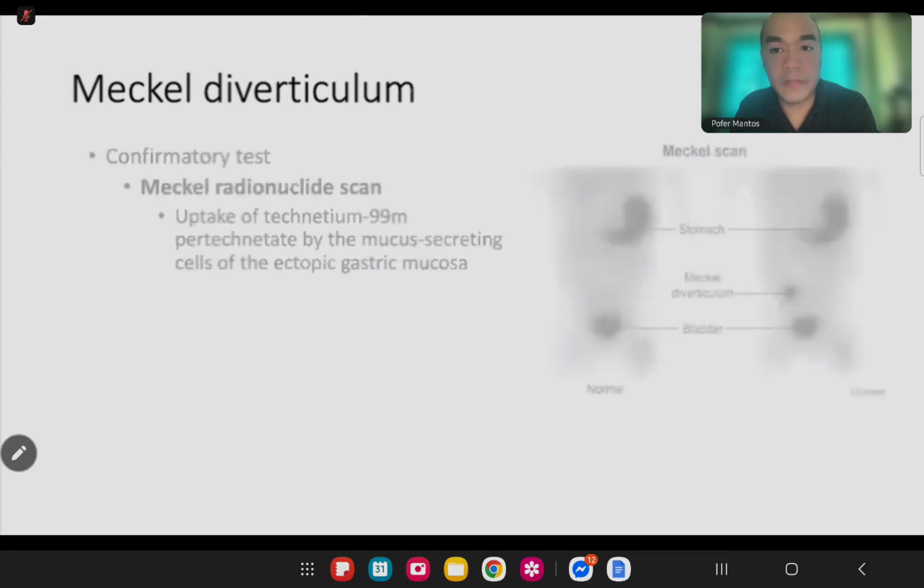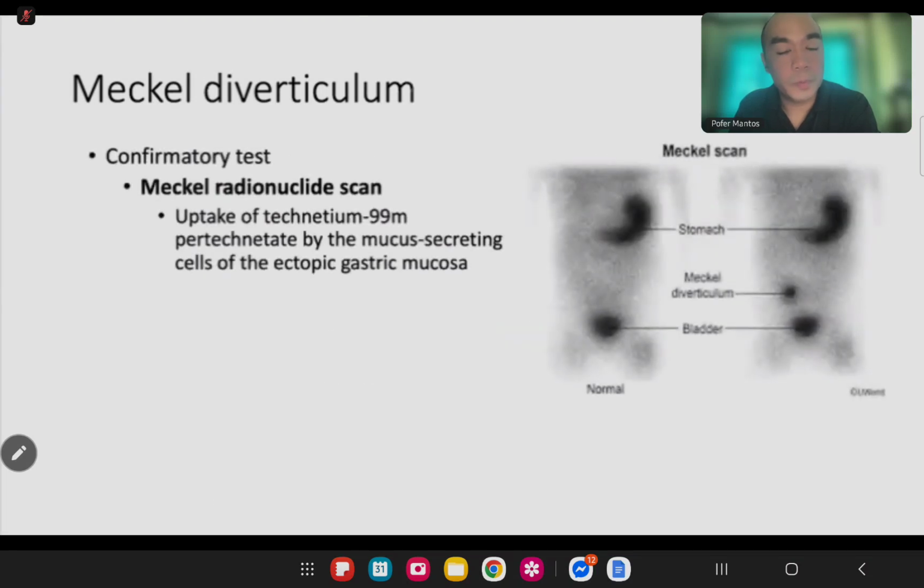But of course, you also have to consider other symptoms, or review the history to come up with a definitive diagnosis. To confirm the presence of Meckel's diverticulum, you can do the Meckel's radionuclide scan. The technetium 99m is easily absorbed by the ectopic gastric mucosa in the Meckel's diverticulum.